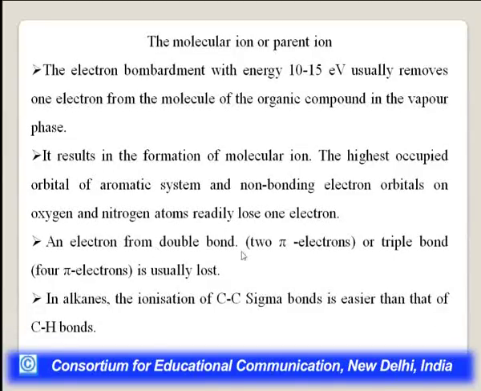An electron from a double bond, the 2 pi electrons, or a triple bond is usually lost. In alkanes, ionization of a carbon-carbon sigma bond is easier than that of a carbon-hydrogen bond because of the electronegativity difference.